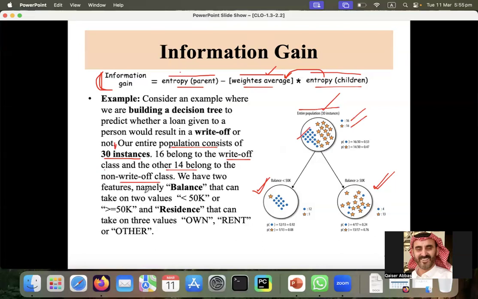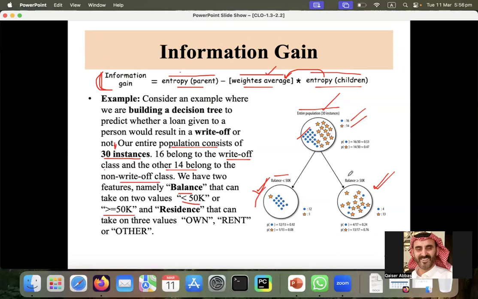We have two features. Namely balance, which is the name of the column, and this balance can take two values. One is less than 50K, the other is greater than or equal to 50K. When the balance is less than 50K, you are seeing this circle for it.